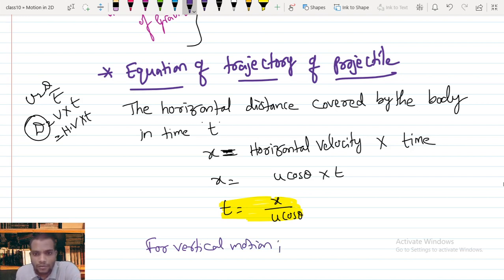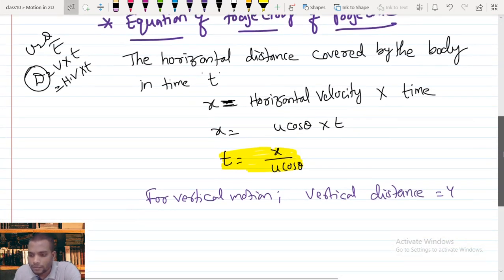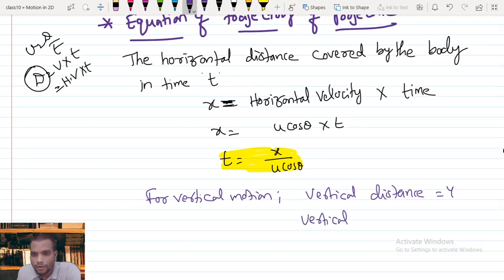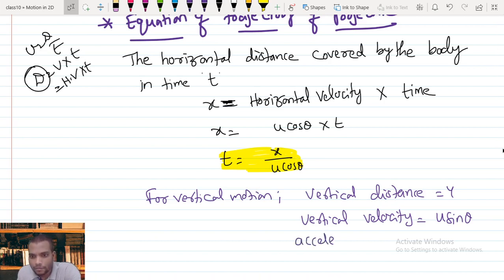For vertical motion, the vertical distance equals y, the vertical velocity equals u sin theta, and the changing factor is acceleration due to gravity.